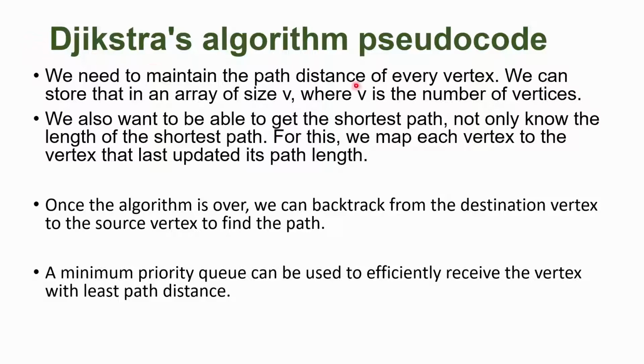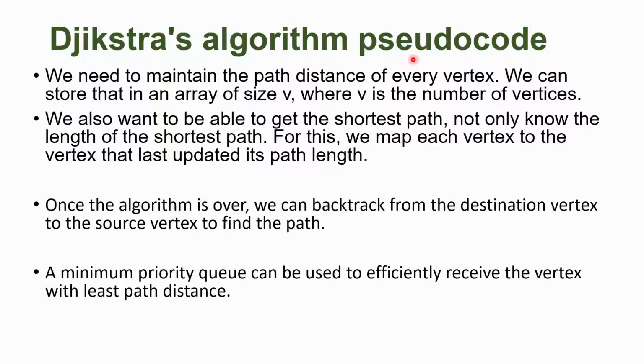So we are going to discuss the pseudocode of this algorithm. We need to maintain the path distance of every vertex. We can store that in an array of size v, where v is the number of vertices. Second point is, we also want to be able to get the shortest path, not only know the length of the shortest path.